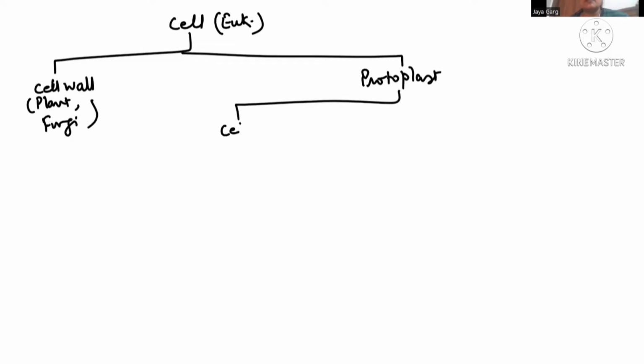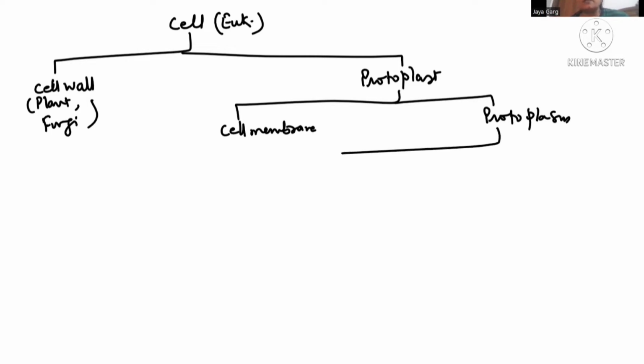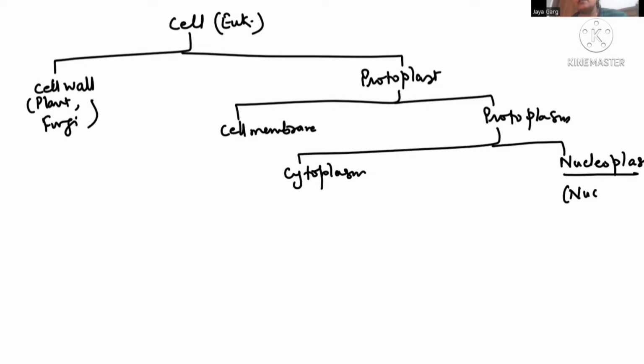Protoplast means cell membrane and protoplasm. Protoplasm means cytoplasm and nucleoplasm. Nucleoplasm, you know very well, is present in the nucleus.